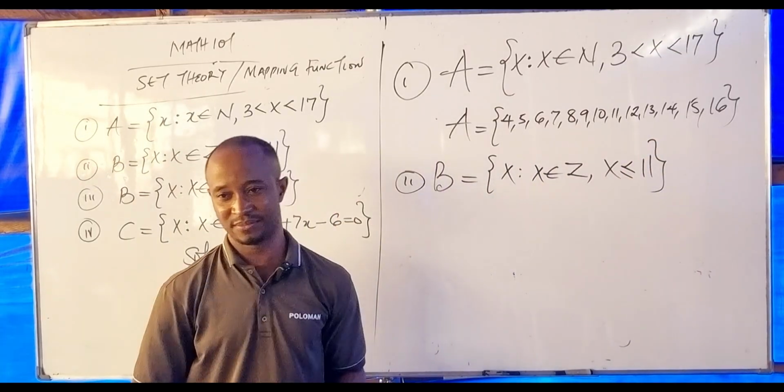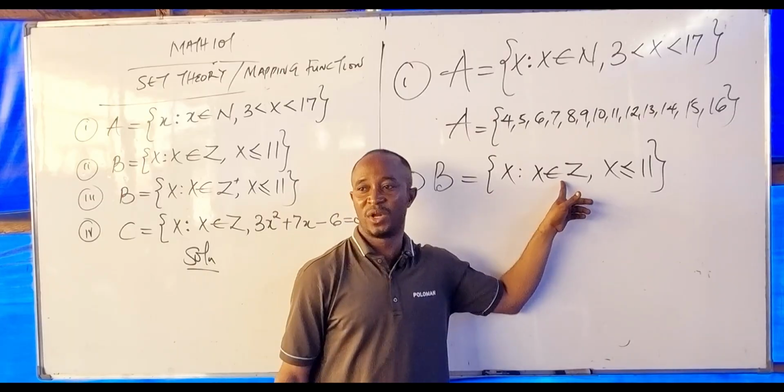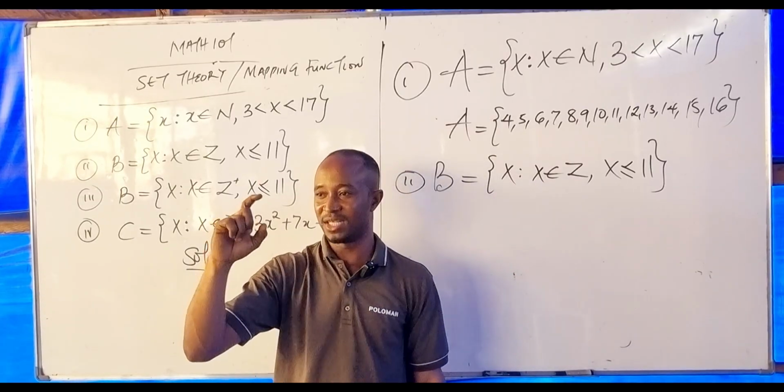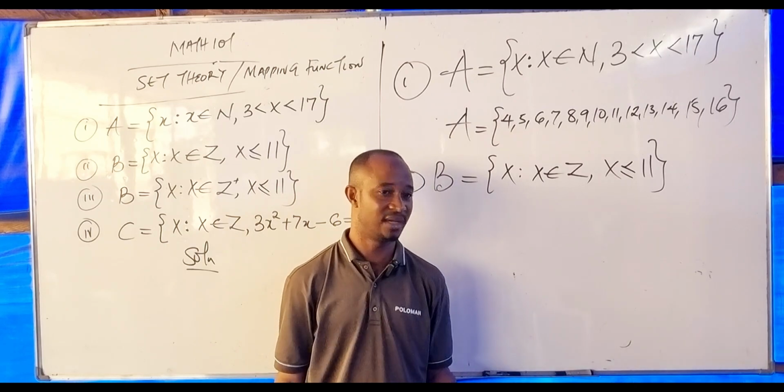This is very tricky. If you're not careful, you think this is positive integers. Whenever there is a Z and there's no sign on it, it means all integers, both negative and positive. Are you getting this?